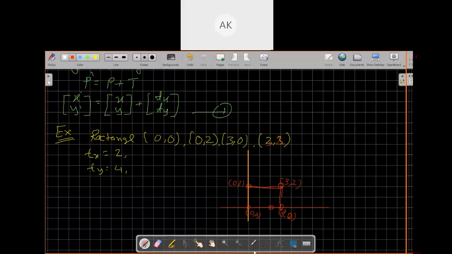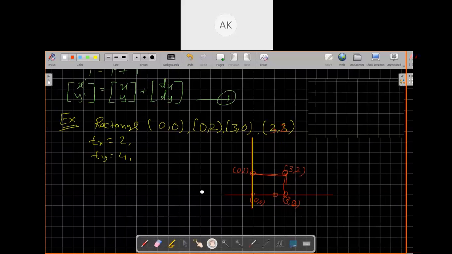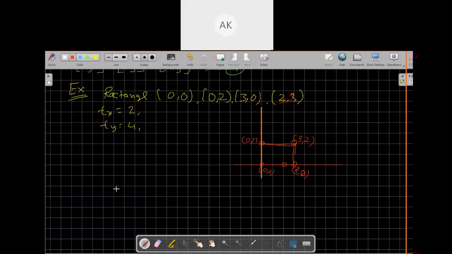Yes, so this is your given rectangle. If you want to translate this rectangle with these parameters, the points are 0 0, 3 0, 0 2, and this one is 3 2.